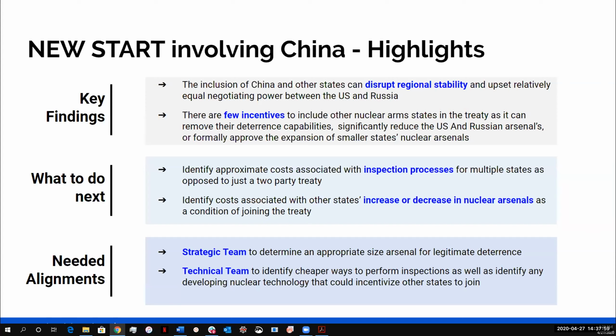And lastly, I'm going to need to check in with the strategic team to determine what an appropriate size arsenal for legitimate deterrence would be, and the technical team to identify any cheaper ways to perform inspections, as well as to see if there's any developing nuclear technology that we could leverage to incentivize other states to join the treaty.